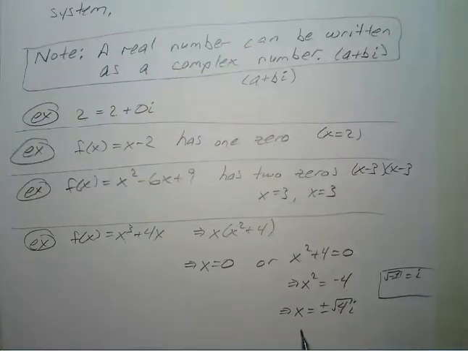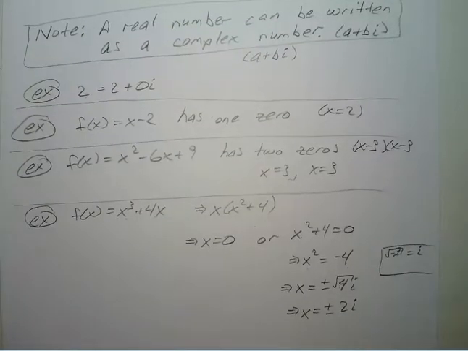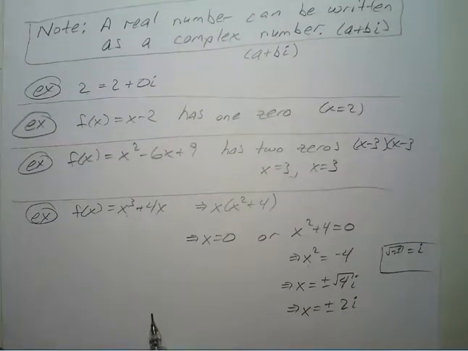And the square root of 4 is 2, so that means our x is equal to plus or minus 2i. So in this case, our zeros are at x equals 0, negative 2i, and 2i.